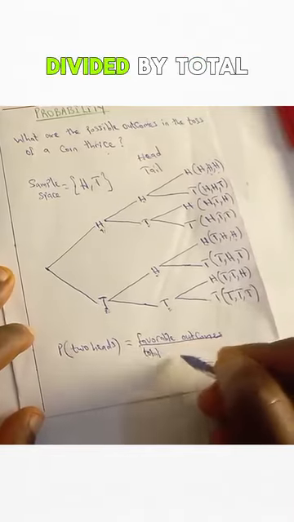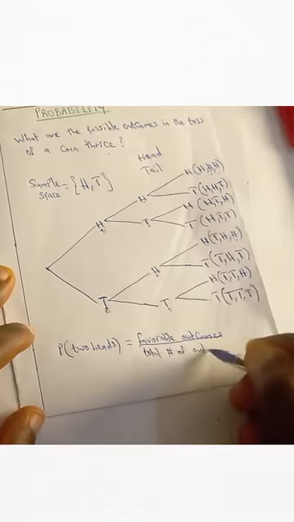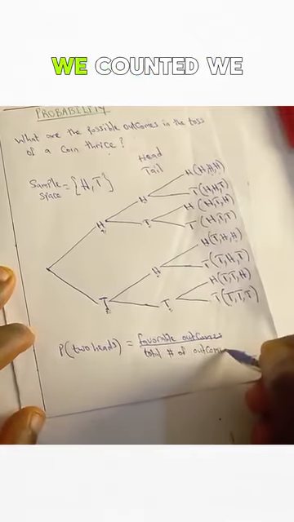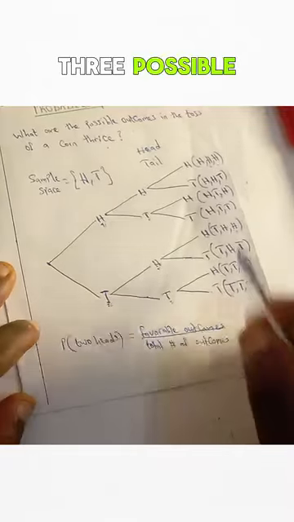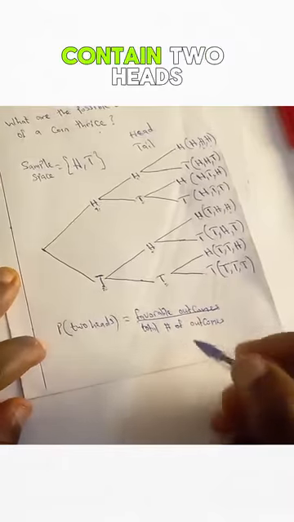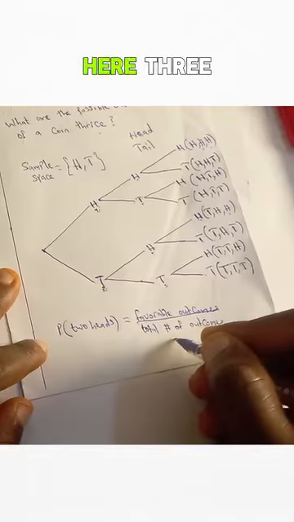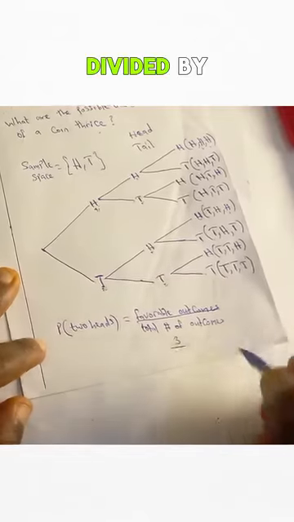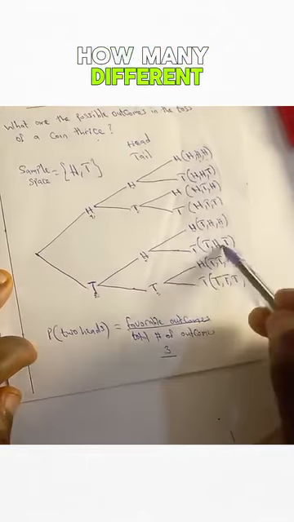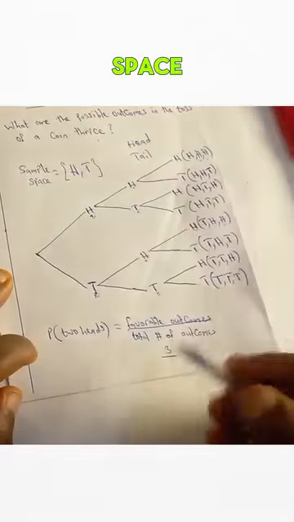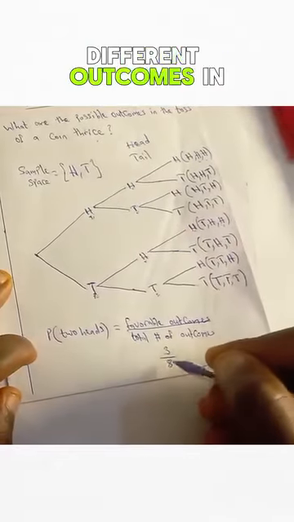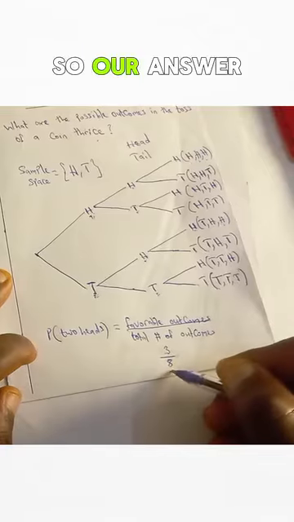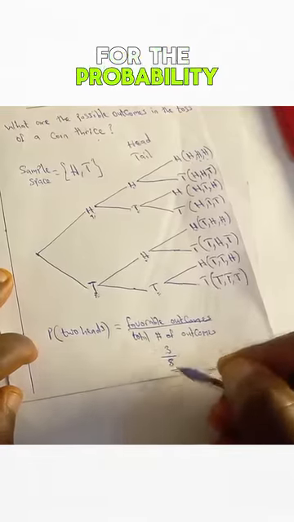When we counted, we had 3 favorable outcomes which contain 2 heads. So we say 3 divided by how many different outcomes are in the sample space? There are 8. So our answer is 3 on 8 for the probability of 2 heads.